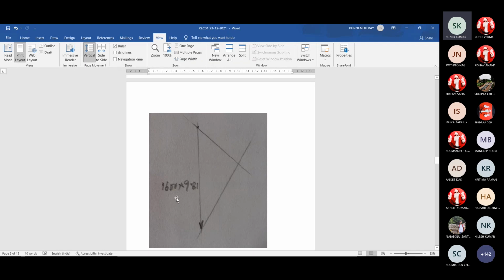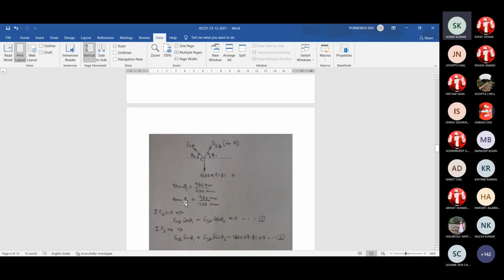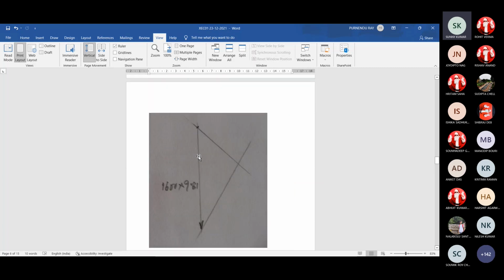Okay. Now what about the other two vectors or other two forces? Whatever may be the magnitudes, direction definitely you have to follow this angle theta 1 and this angle theta 2. So there will be two lines except this one, the given vertical force.